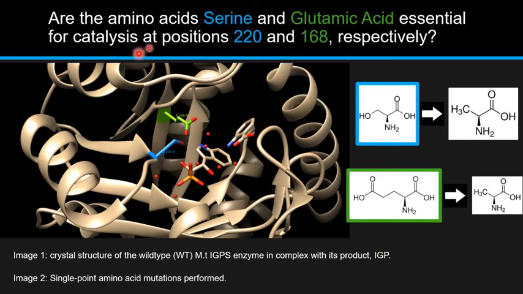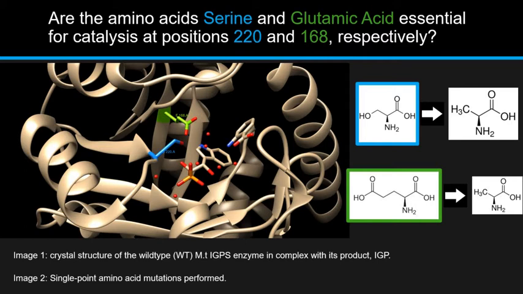This image shows part of the crystal structure of Mycobacterium tuberculosis IGPS and its product IgP. Here we see that glutamic acid and serine are both in the active site, and they're both within proximity of the product.